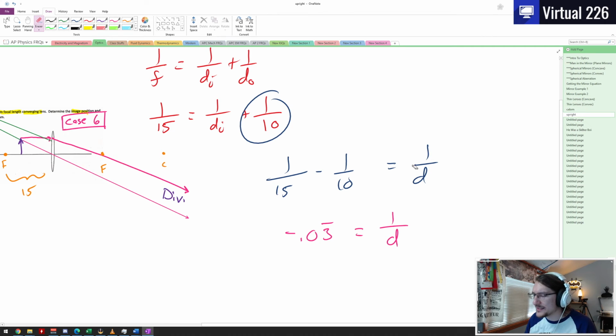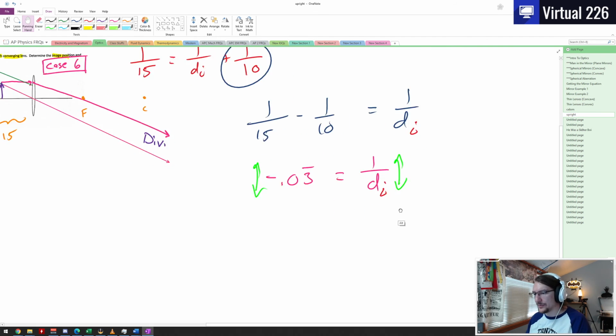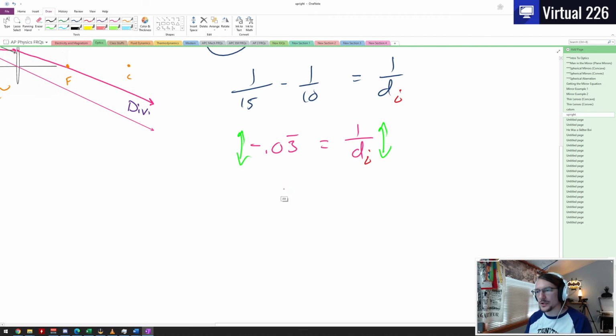That's not do, this is di. It's the image we're looking for. And then I need to take a reciprocal of each side. So I flip them, 1 over negative 0.03. And when I do that, I get that di will equal negative 30 centimeters.